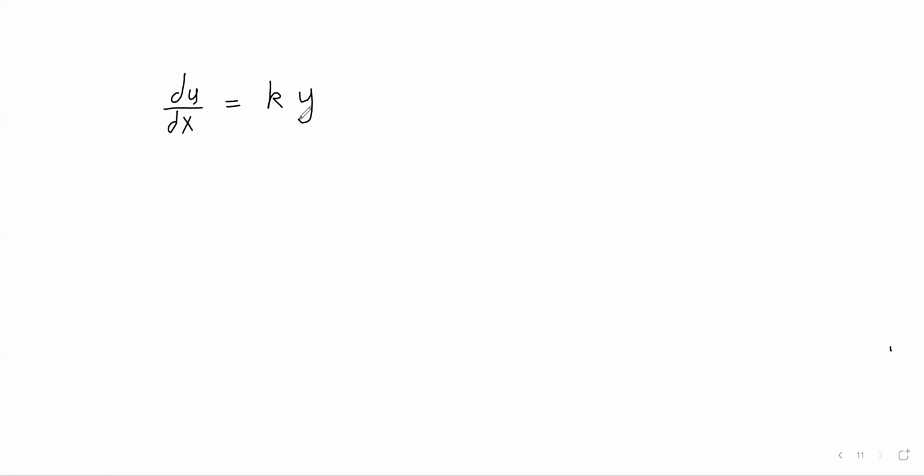So this differential equation shows up all the time because it says that the rate that y grows at depends on what y is right now.